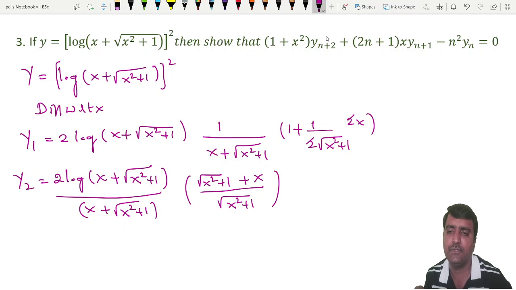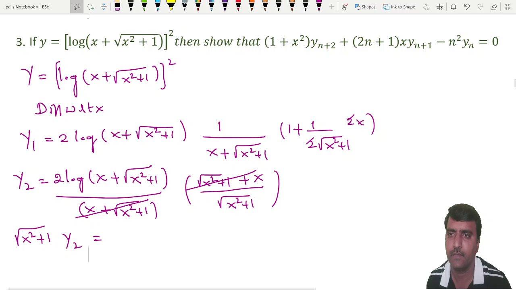This x plus root of x square plus 1 cancels with x plus root of x square plus 1. Sorry, it is not y2, it is y1.